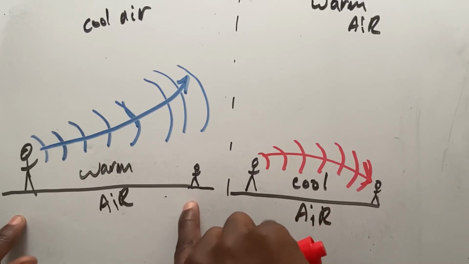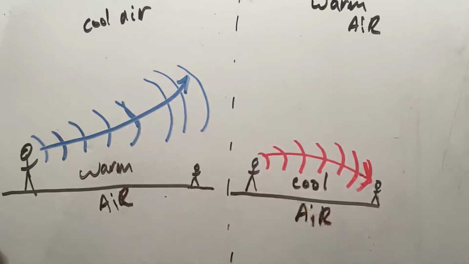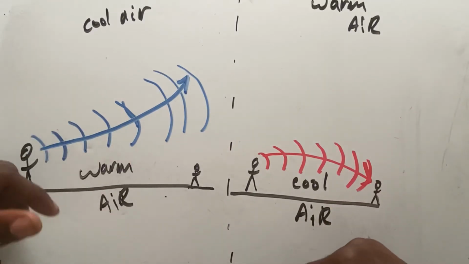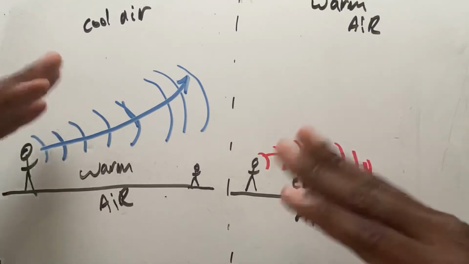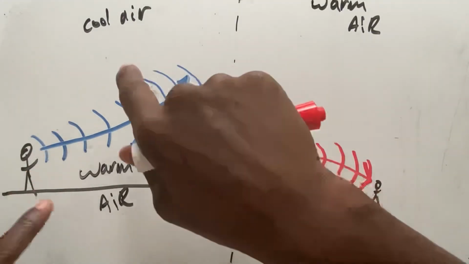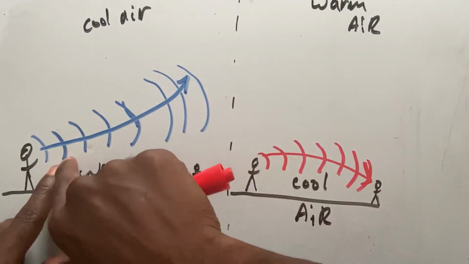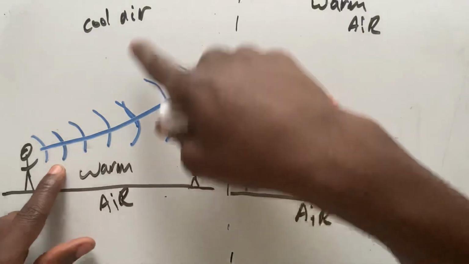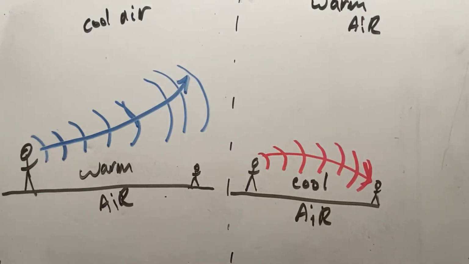So in the homework, there's a professor who explains this pretty well. So watch that. He'll probably explain it a lot better than I did. But just know that basically sound is refracted in air as well because of temperature differences.